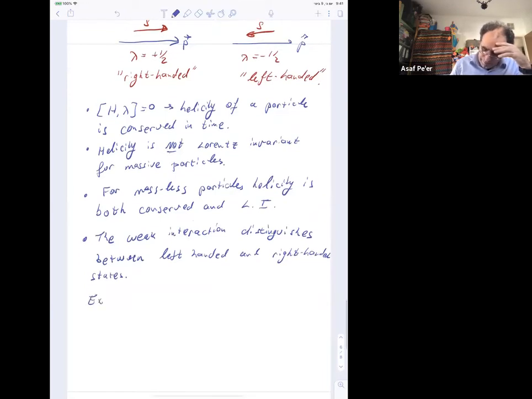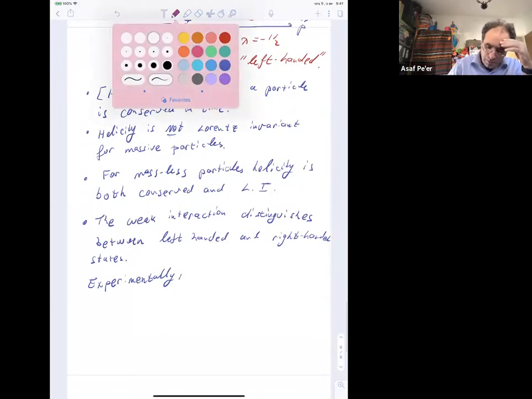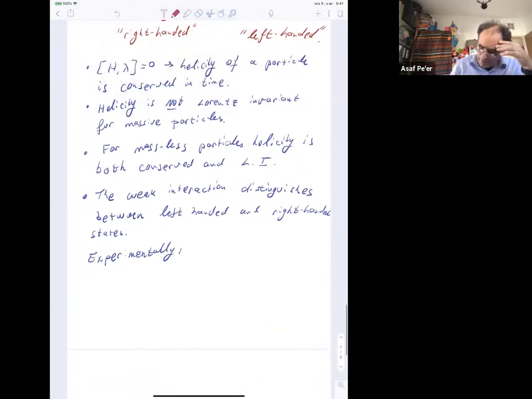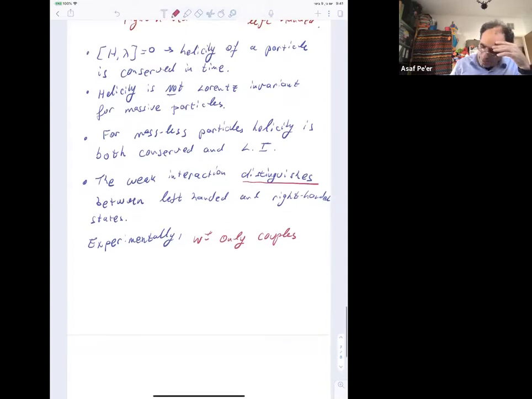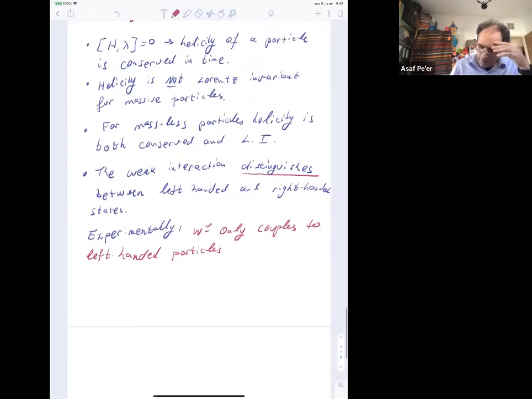So experimentally, W plus minus only couples to left-handed particles and right-handed antiparticles.